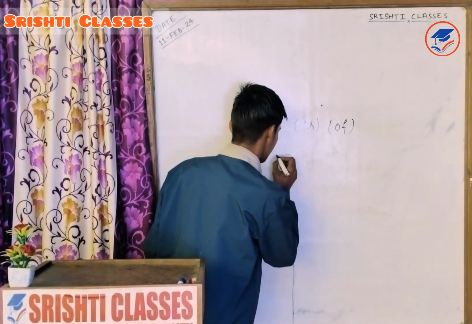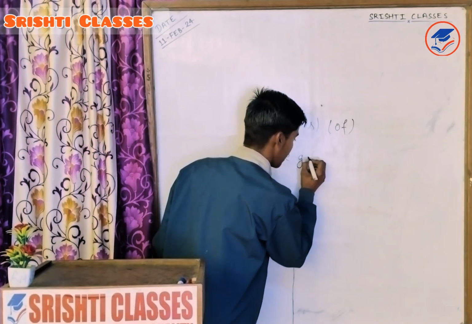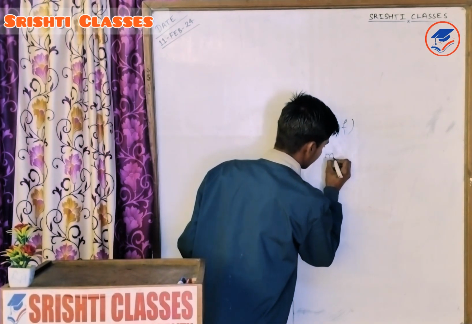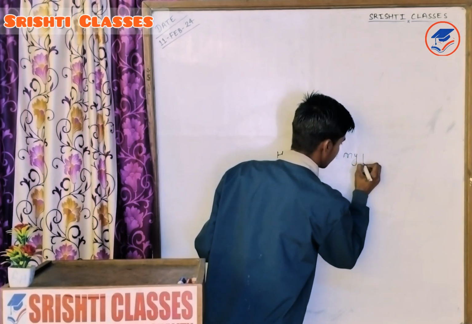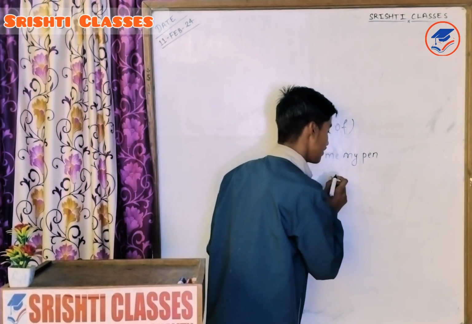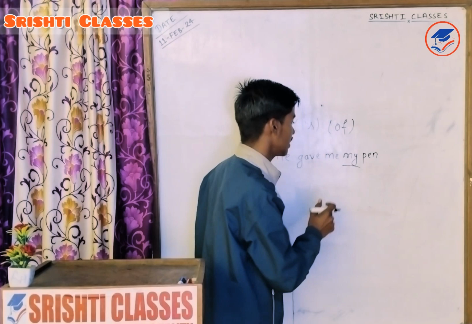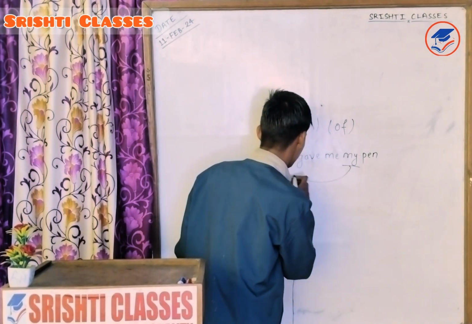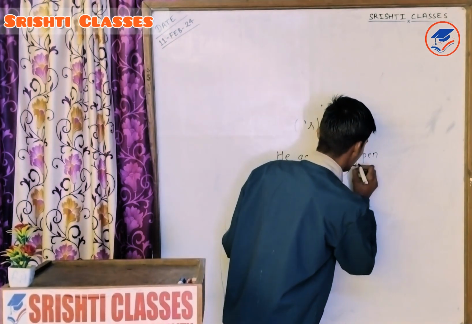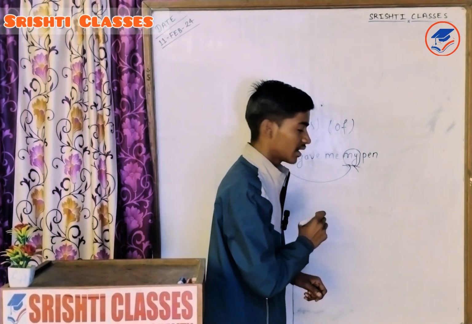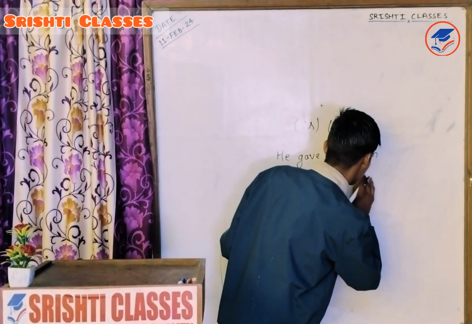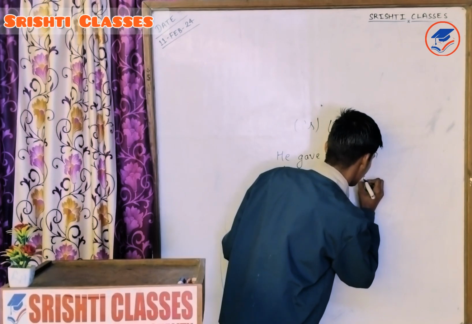For example, he gave me my pen. In this sentence, my pen shows the possession with the noun. Then my shows possession. Then my is possessive case.